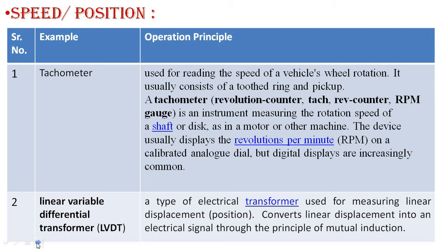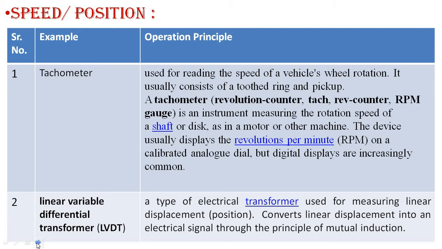The first one is the tachometer. It is a device used for reading the speed of a vehicle wheel's rotation. It usually consists of a toothed ring and a pickup. A tachometer is also called a revolution counter, tach, or RPM gauge.